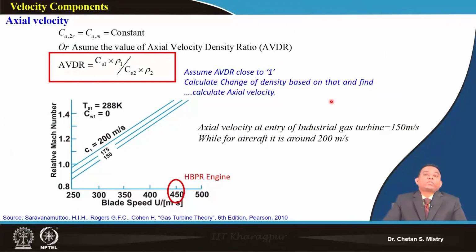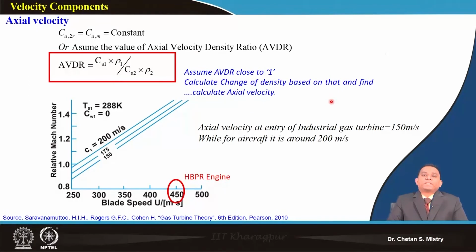Now, we have the next parameter. As we have discussed, we have introduced a parameter called flow coefficient, and we have correlated that flow coefficient with axial velocity and peripheral speed. So axial velocity is also an equally important parameter that needs to be considered. Okay, so we are assuming our axial velocity to be constant.